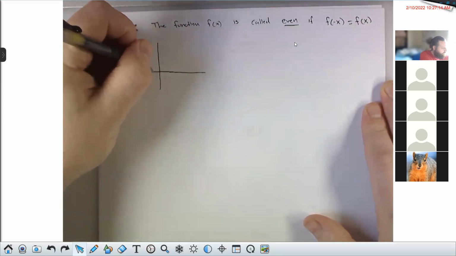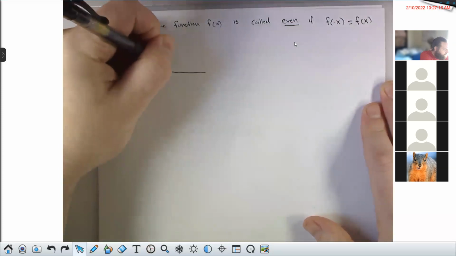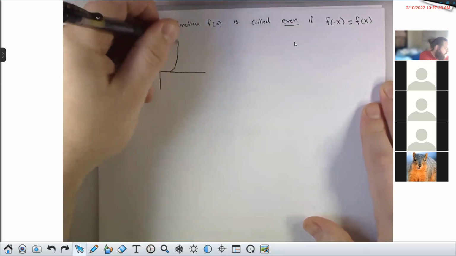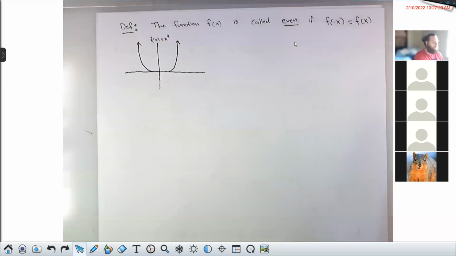So here, for example, is the graph of f of x equals x to the 4. It's kind of like a parabola, but it's sitting down on its butt. It's been flattened out. The property of the graph that tells you this function is even is the y-axis symmetry.